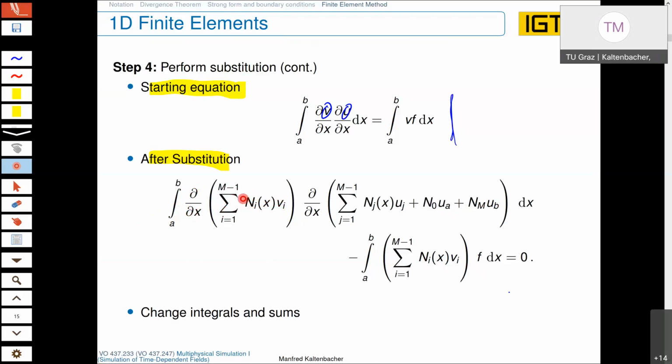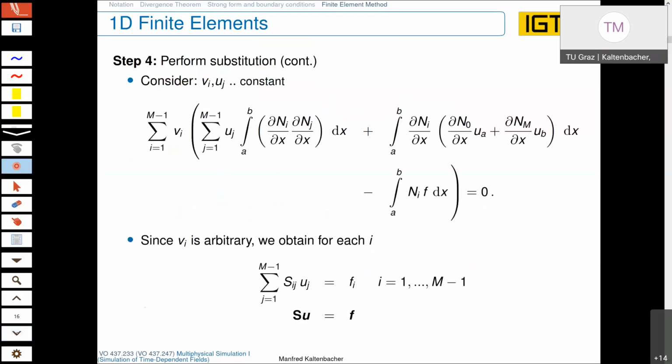And if you look on this product, then just the basis functions are functions of the space, because the test functions at all the finite element nodes or the unknown physical quantity at the finite element nodes, they are constant, yeah? Because they are the unknowns at these nodes, but they are no functions of our coordinate x, which means when we apply the derivative on this product, it is just a derivative on the basis function. So that we will see on this slide.